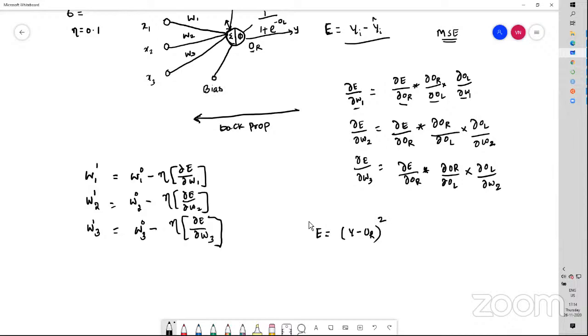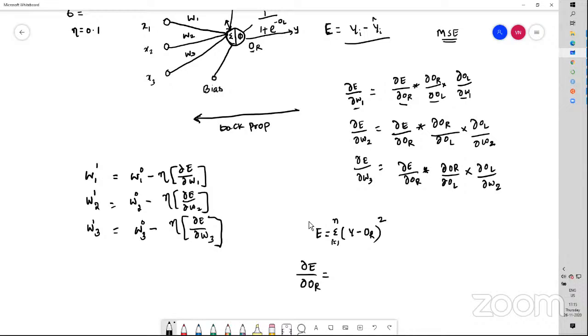Error is summation, let's say i equals 1 to n, because we have many observations, of y minus the output generated, OR, whole square. Now, if we derive this, dou E by dou OR, what happens?